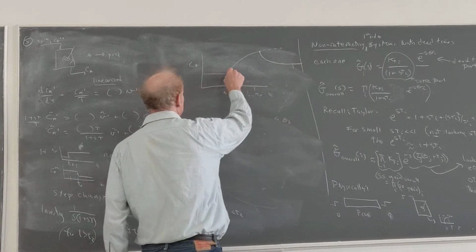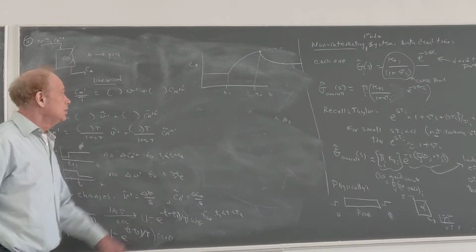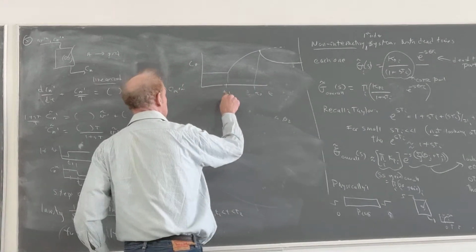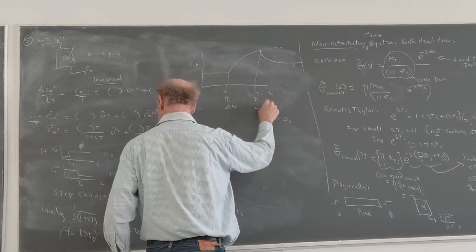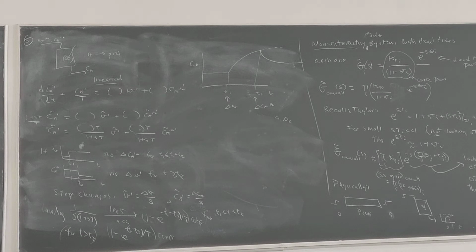So here I have the part from t1 to t2, and here I have a part greater than t2. Here's where I get a delta V, and here's where I get a delta CA. So is that clear what's going on?